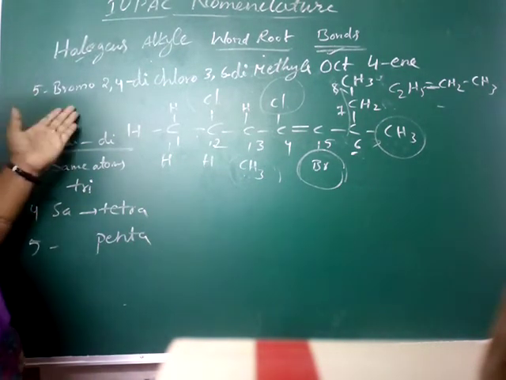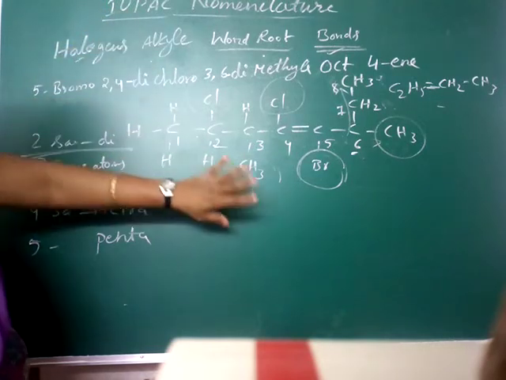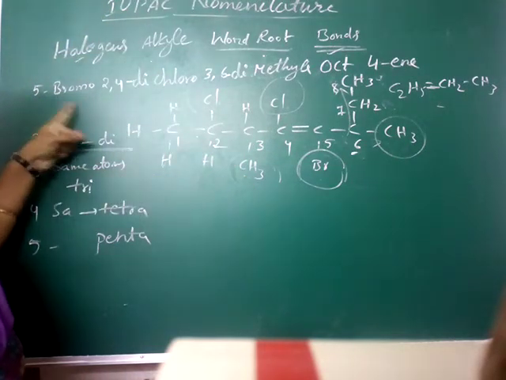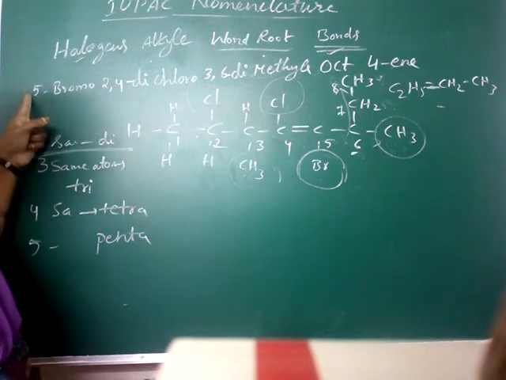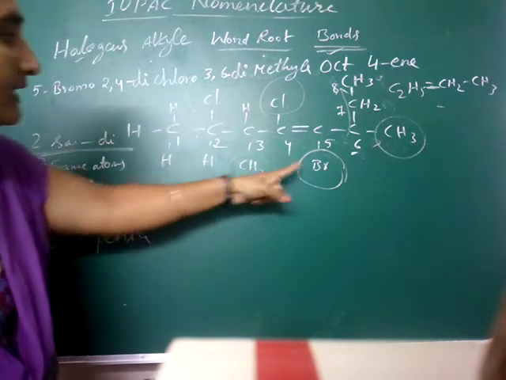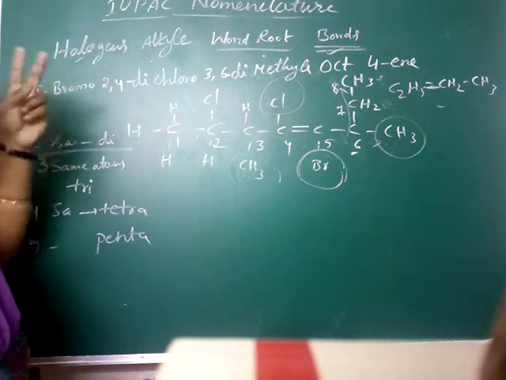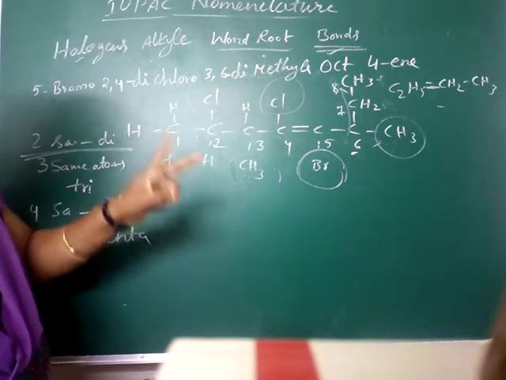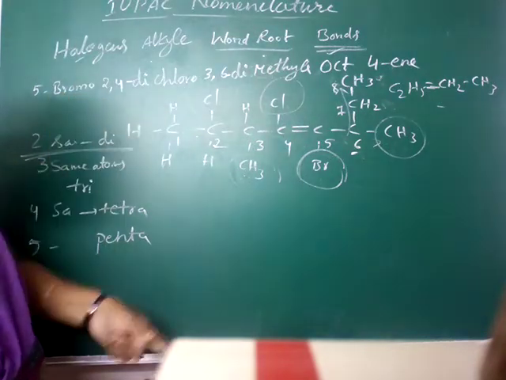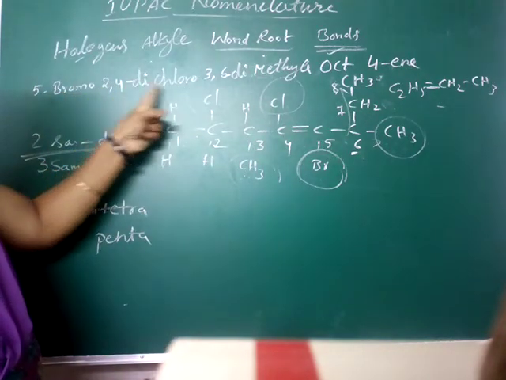You see, if there are any halogens, first you have to write halogens. Where those halogens are present, that number you should write here. That is 5 bromo. On the 5th carbon there is bromo. And when two belong to the same group, same family, then you have to write in alphabetical order. That's why 2,4 dichloro.